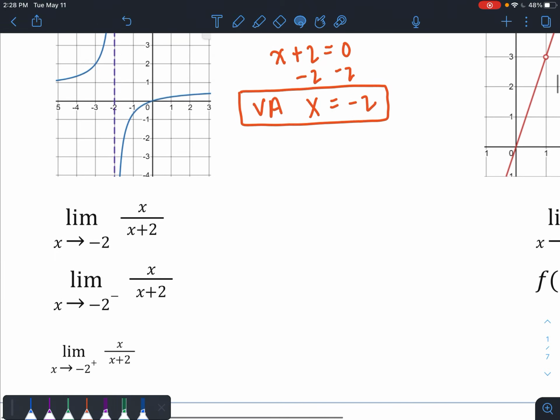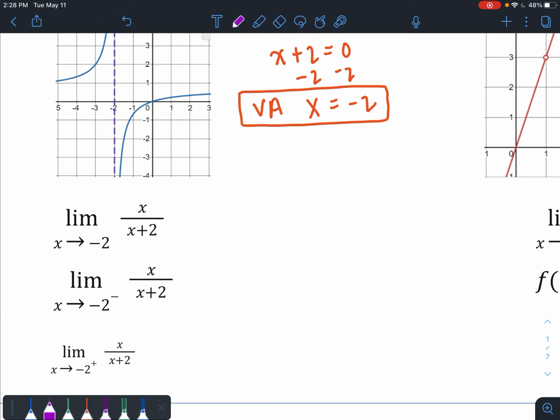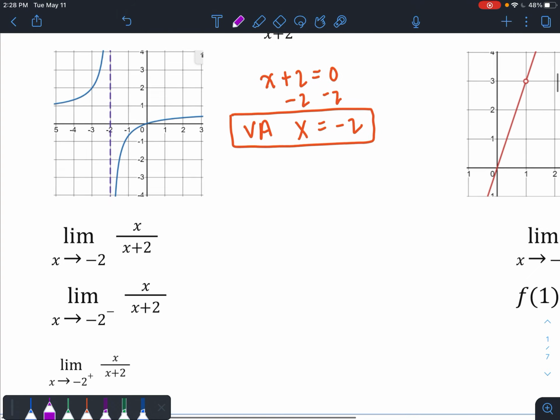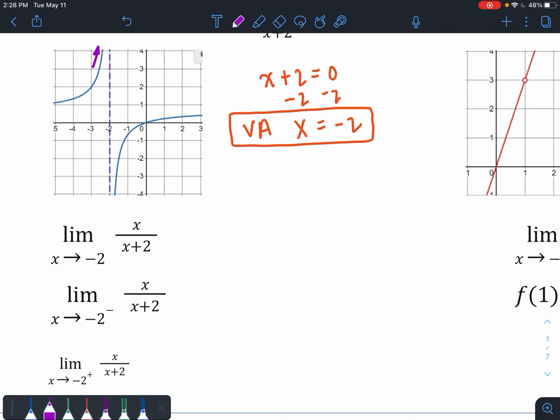The limit as x approaches -2 from the left is going up and up and up, so it's going towards positive infinity. From the right side, it's approaching negative infinity because it's going down and down and down. Because infinity and negative infinity do not equal each other, the limit does not exist at -2.